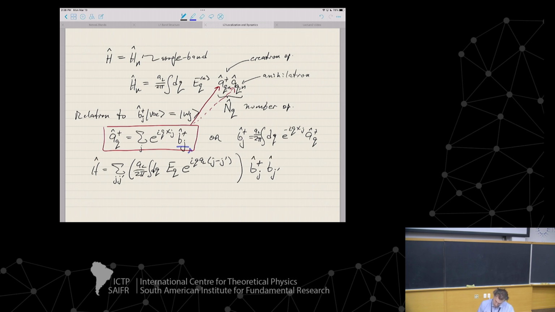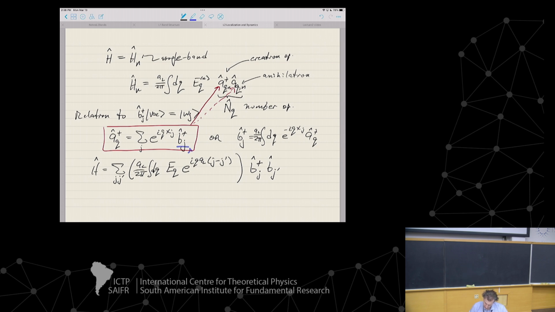Okay. All right, and you see what I've done. I've done the substitution, and we have a Hamiltonian. And it has a constant here, which has no operators in it. There's a number. And that number is multiplied by two operators that do something. They annihilate a particle at J prime, and then they create a particle at J. So in a lattice, what does that mean?